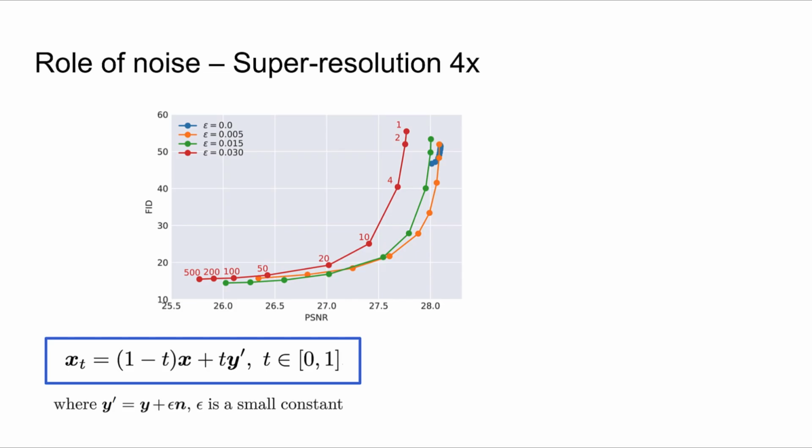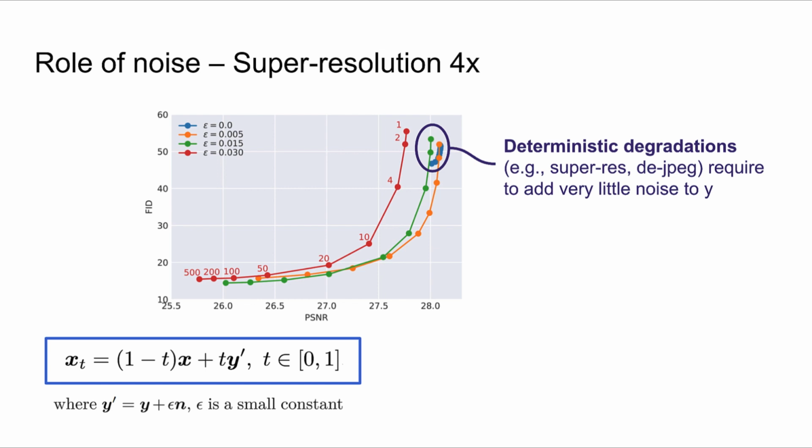Let's see an example for super resolution and the role of noise. Here you can see the same distortion perception plot as we showed before. Each of the dots represents the results of applying InDI with a different number of steps in the reconstruction. If we train a model without adding noise, here represented in the blue curve, then no matter how many steps we do in the reconstruction, we get similar results as the one we get when doing a single-step reconstruction.